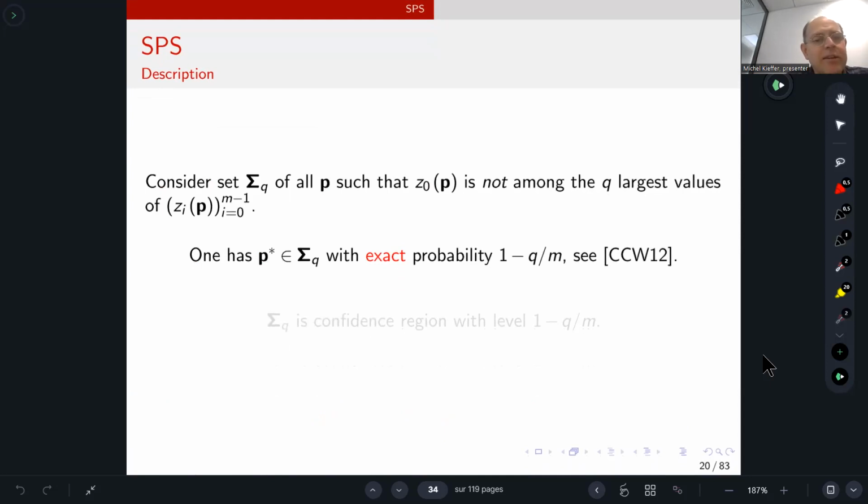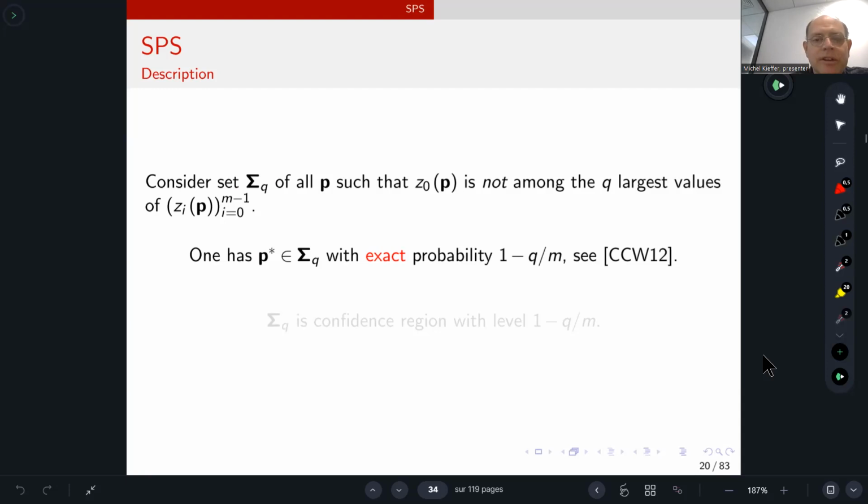From that, we can consider the set sigma q of all values of P such that Z0 is not among the q largest values. These were the previously defined variables. And one has P star belonging to sigma q with an exact probability of 1 minus q over m.